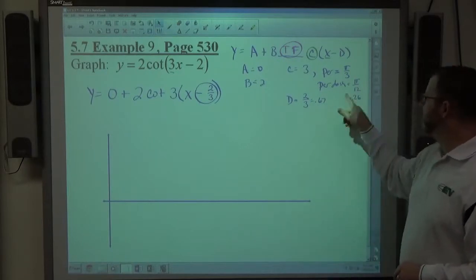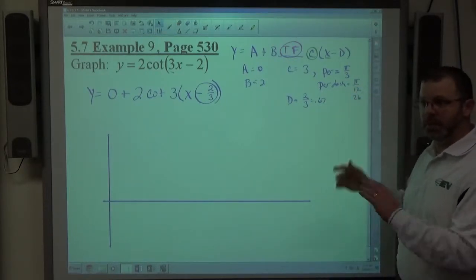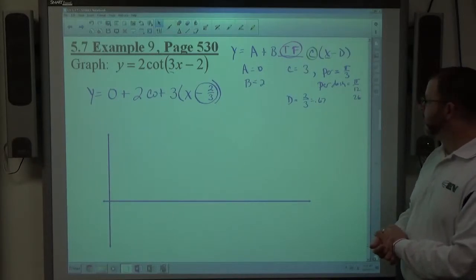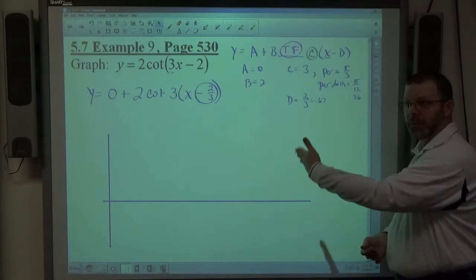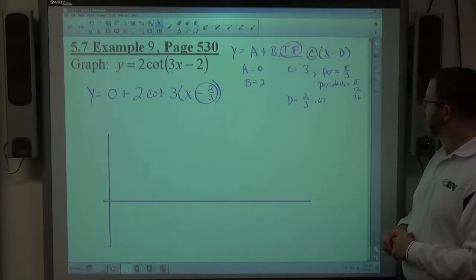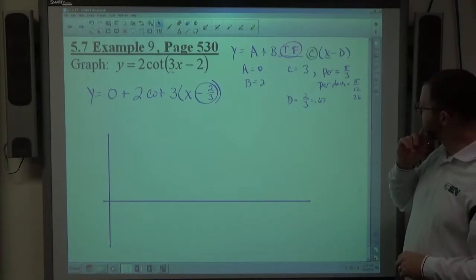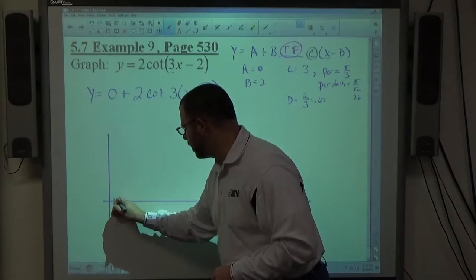Since 0.67 and pi over 12 don't interact very well, getting the pi over 12 as decimal is advisable. And just like yesterday, if these don't work out exactly right, I want to label each dash. Okay, so there's no x colon whatever in this case. You know, that's not even true. All right, I'm going to do a split graph here, so I'm going to put a break in the graph.